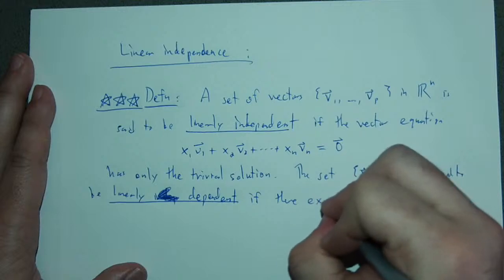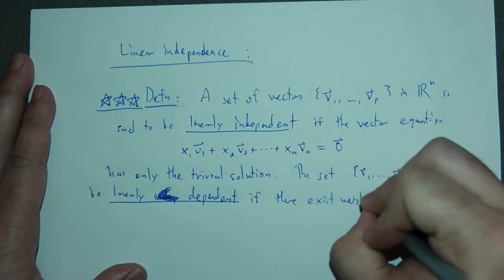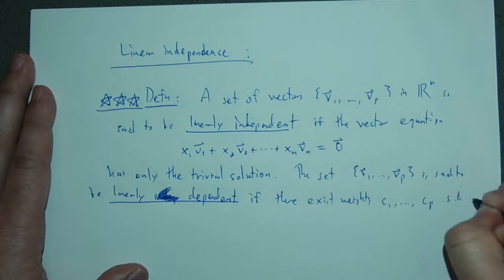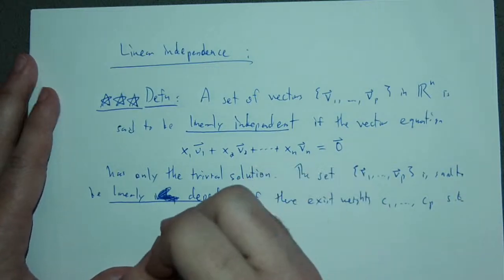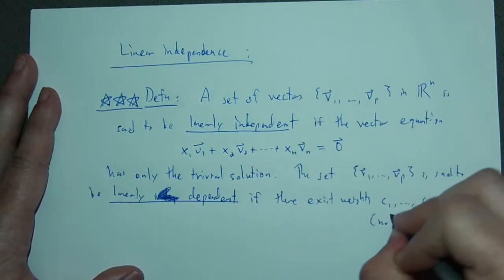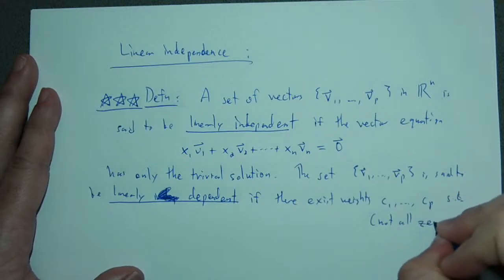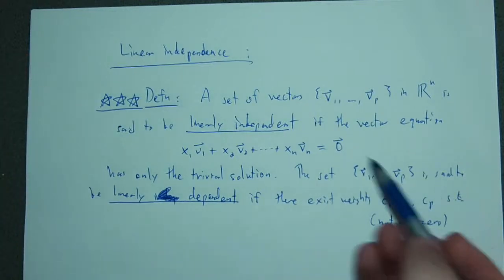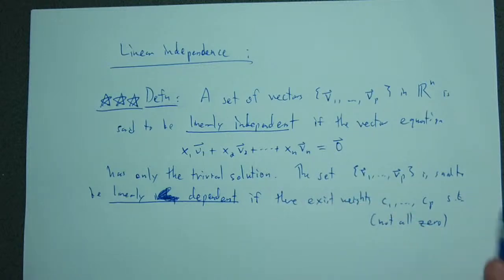So there exist weights c sub 1 through c sub p such that, of course, not all zero, because if there do exist weights such that what I'm about to say is true, but it's only the trivial ones, then I don't care.